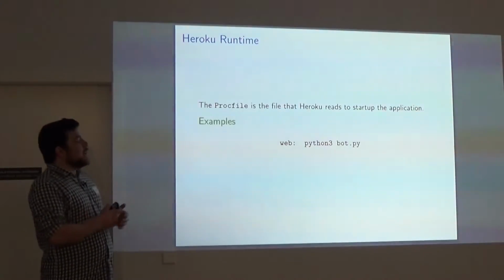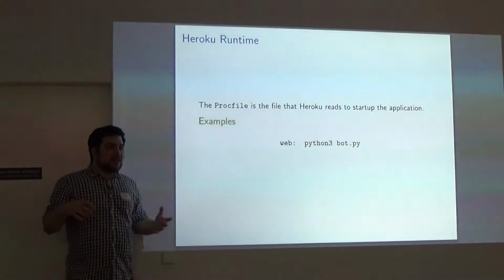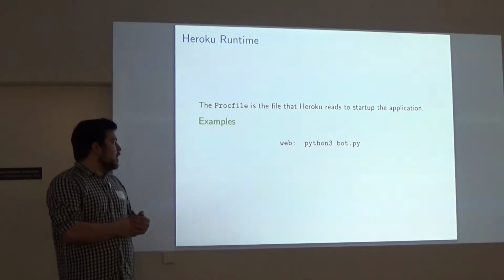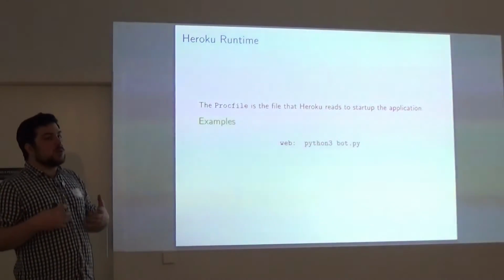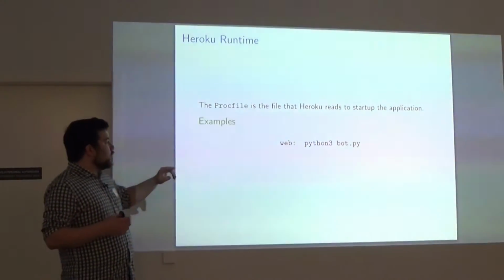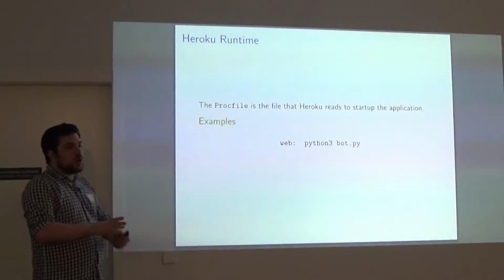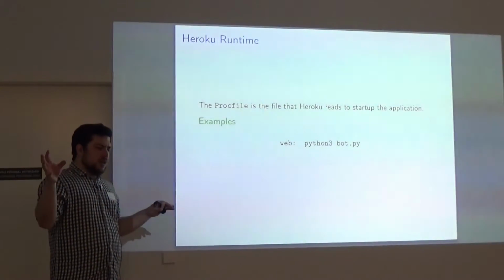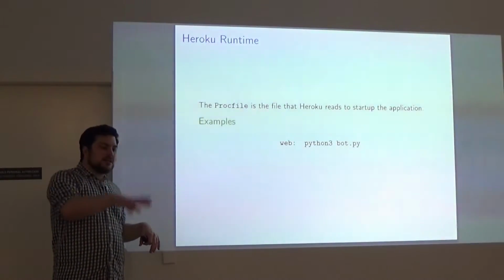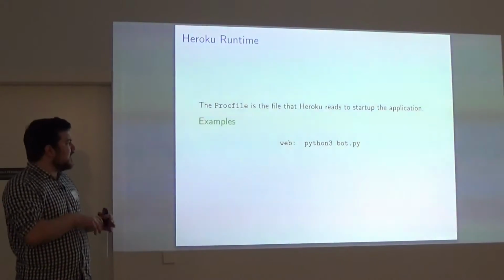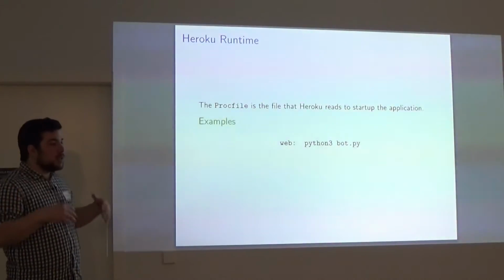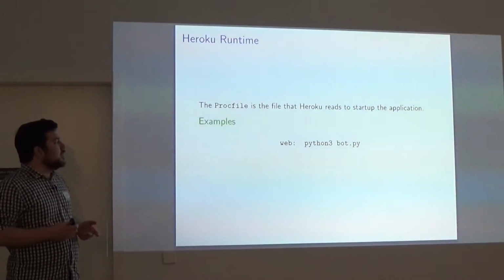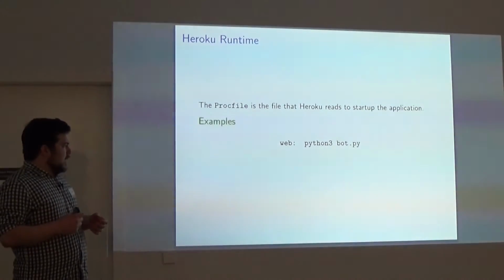And so finally, as I mentioned before, the Procfile, this mysterious file that was in the repo, is how we tell Heroku how to run our bot. In this case, we're running a web dyno because we're running a web server. Python Telegram Bot, as I said, implements a server in Twisted, I think. So we are expecting it to run a web service of sorts, right?